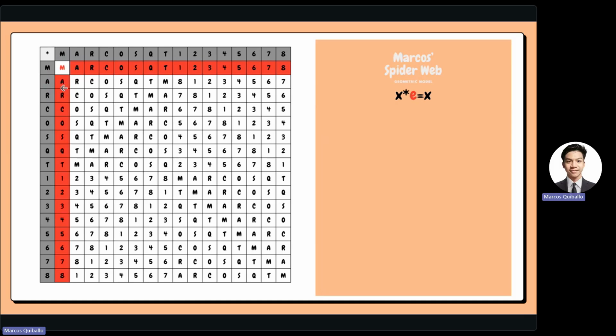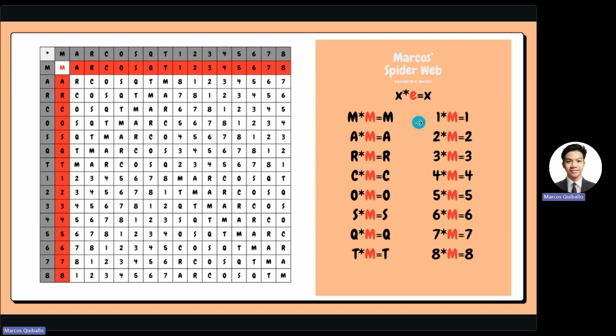If we operate r star m, it is also equal to itself. Based on our general formula, if we operate any element x with the identity, it must equal itself, and based on our group table, our identity element is m.